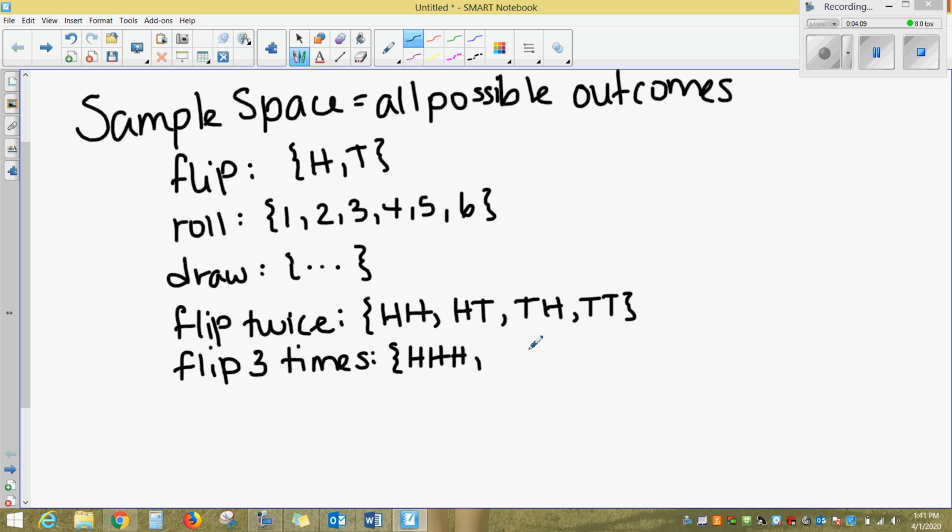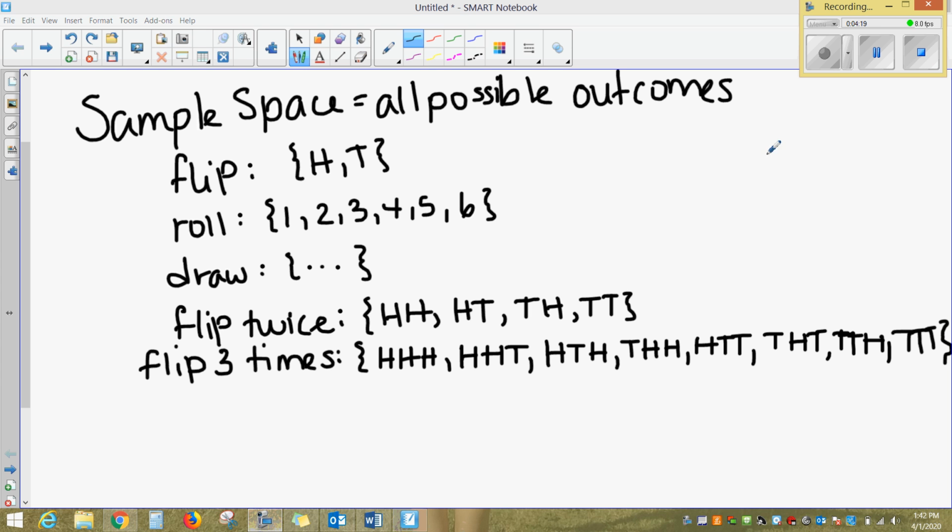Pause the video, write them down, and see if you can get them. When you unpause the video, they're magically going to already be there. So pause now. Here are our 8 outcomes. That last one says tail, tail, tail, and the squiggly crazy thing is supposed to be my other bracket. Okay, so if I flip a coin 4 times, there would be 16 outcomes in my sample space.